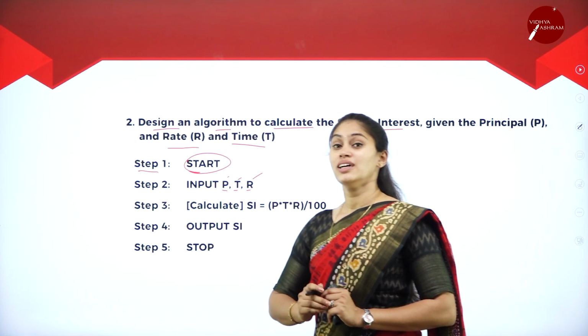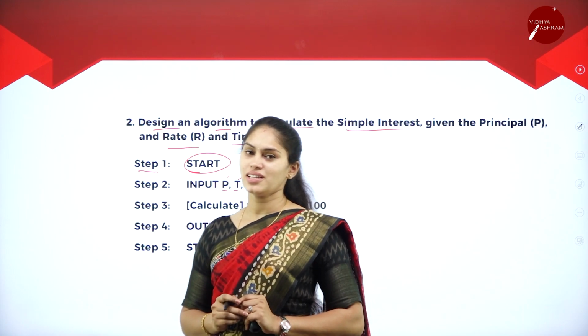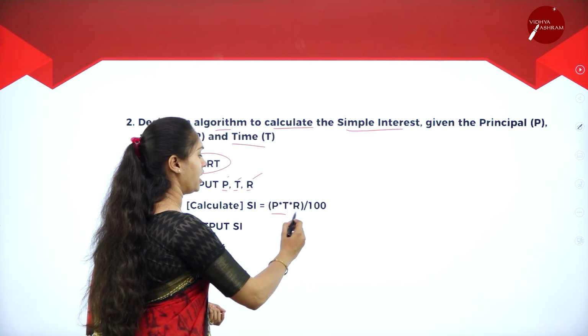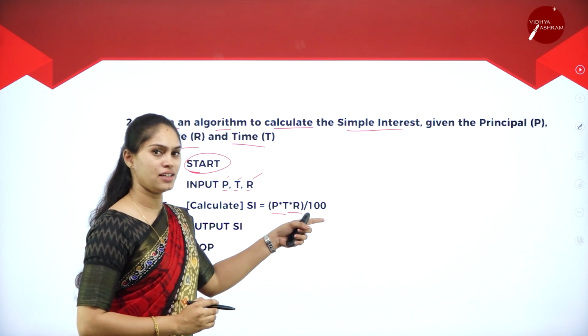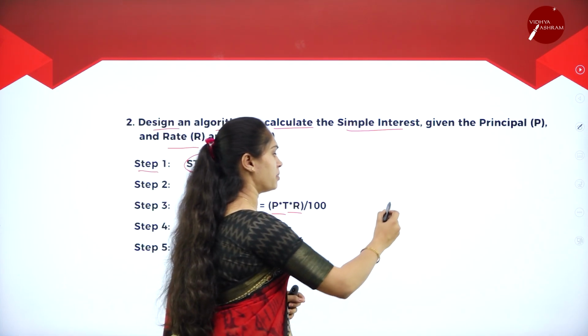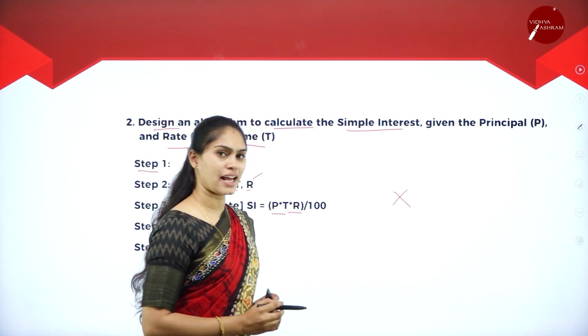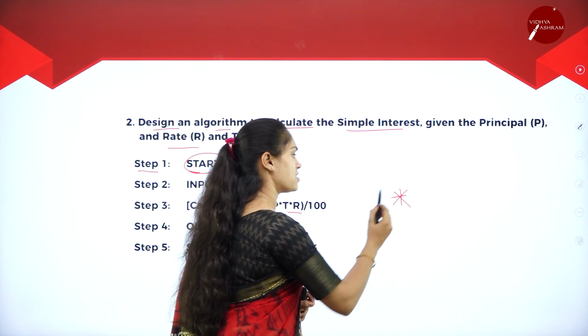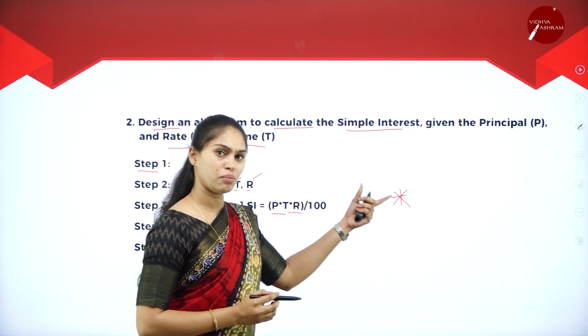How we are going to calculate the simple interest? What is the formula for that? That is P into T into R divided by 100. So when you are working with computer science, for multiplication you are not supposed to take like this. Okay, so instead of this one, you are supposed to use asterisk symbol. This represents the multiplication.